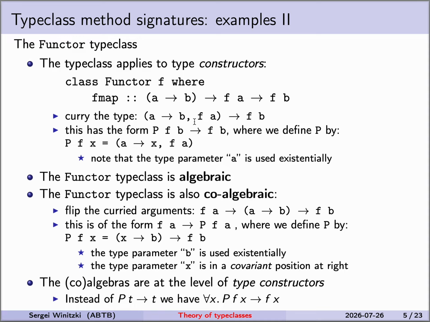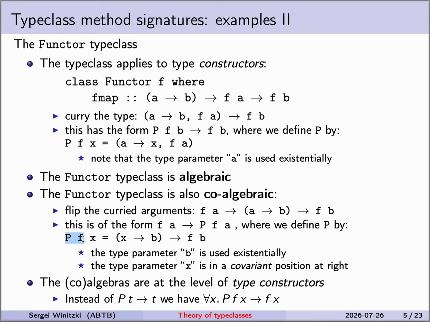And so we see, therefore, that the functor type class is algebraic. However, the functor type class is also co-algebraic because we can transform this type signature in a different way into a type signature of this sort. And then we see this is in the form f a to p f a, where p is defined like this, where again the parameter a is used existentially, and the type parameter x is actually in a covariant position.